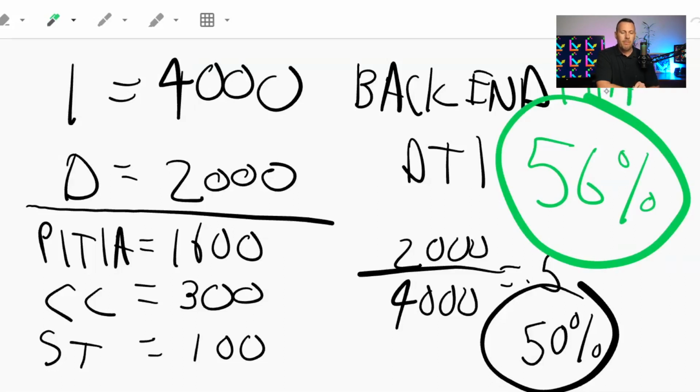And sometimes on certain loans, you can go up to 60% on something called a manual underwrite. So just because you have a debt to income ratio higher than 50 or 60%, that doesn't necessarily mean you should stop looking or stop talking to a lender or that you don't qualify. It just means you want to have a conversation.